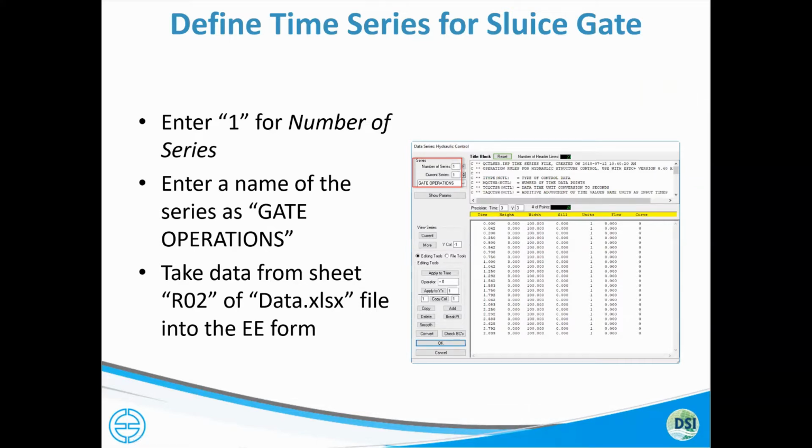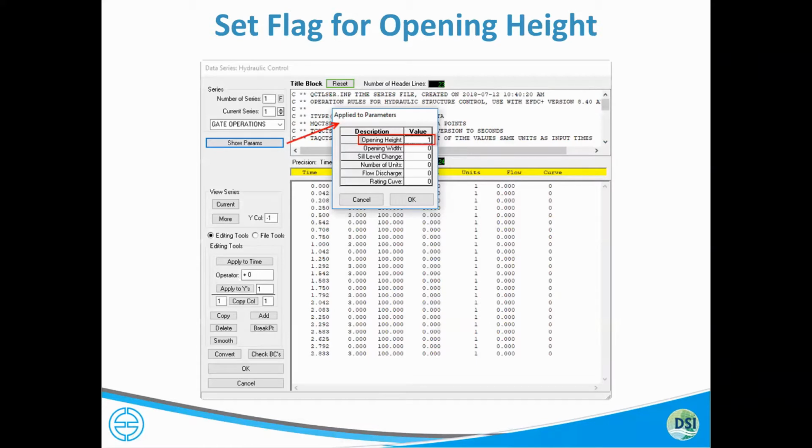So you set this up. You tell it which of these columns you want to apply. In this case, we're applying the opening height. So this time series that will apply to the model will be the opening height.